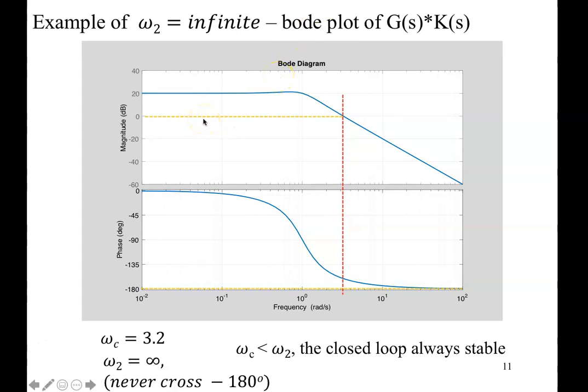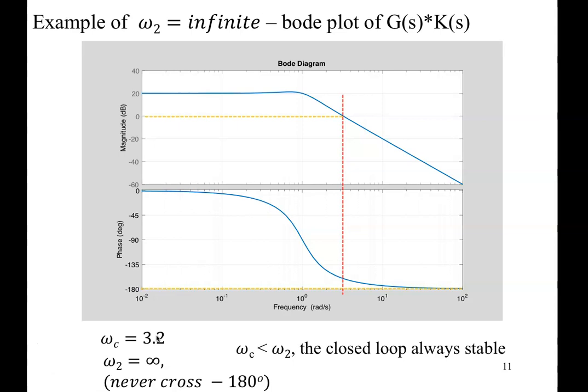First of all, I'm going to find omega c. Omega c comes from the magnitude plot, or the gain plot. So I've got to find 0 dB for my gain. I'll go across until it intersects with the blue line, and then go down, find my frequency omega c. Now this time, this is 1, this is 2, this is 3, just slightly over 3, maybe 3.1, 3.2, so I'll say 3.2. That's my omega c.